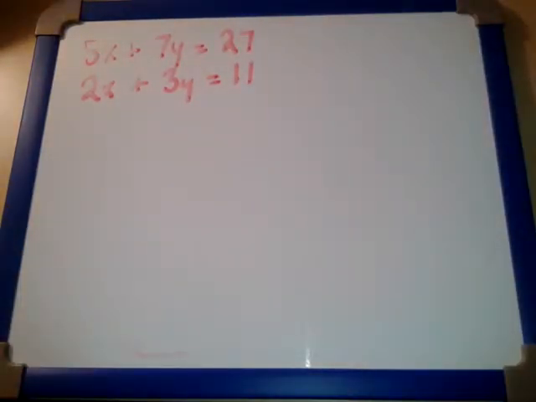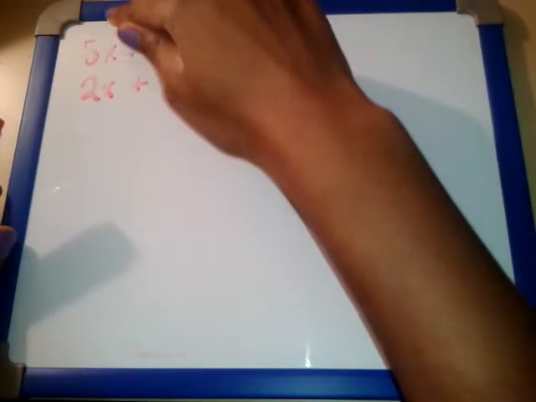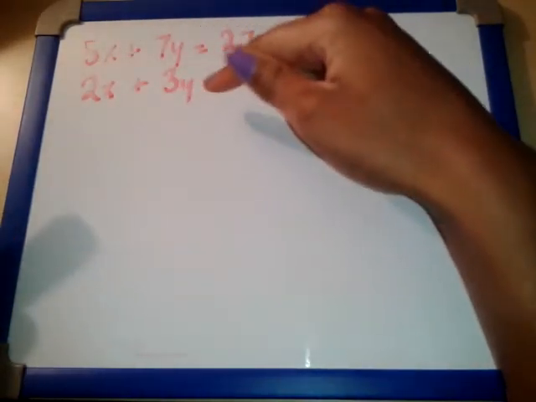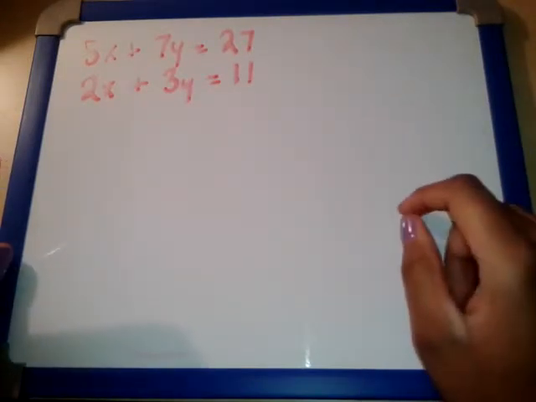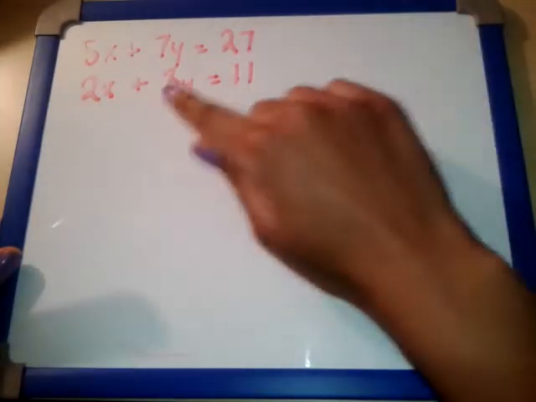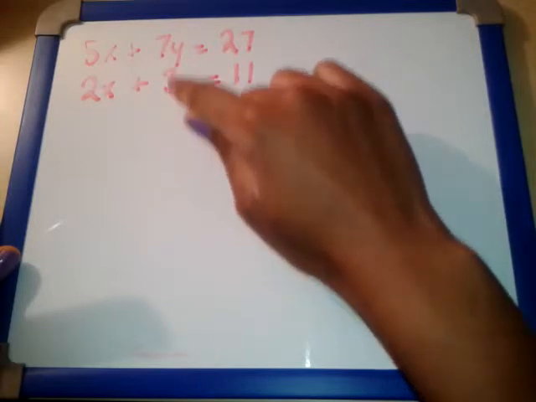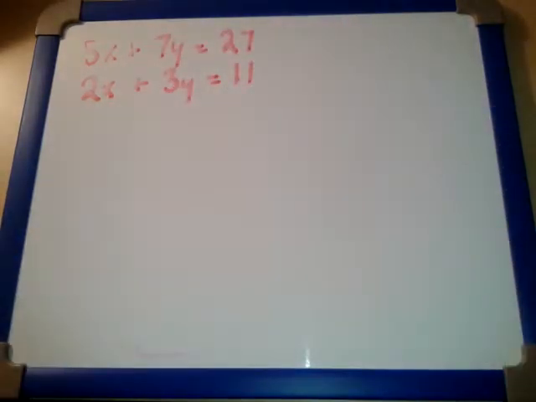Right, so as I said earlier, step one in solving simultaneous equations by elimination is to make sure that either the x values are the same or the y values are the same. So in the previous example, all we had to do is multiply one of the equations. But in this one, because 2x doesn't go into 5x and 3y doesn't go into 7y, we are now going to have to multiply both of the equations.